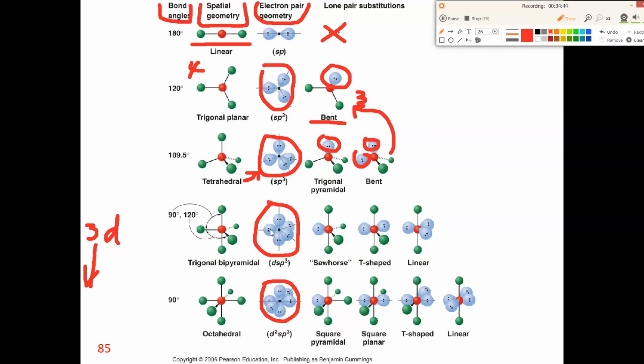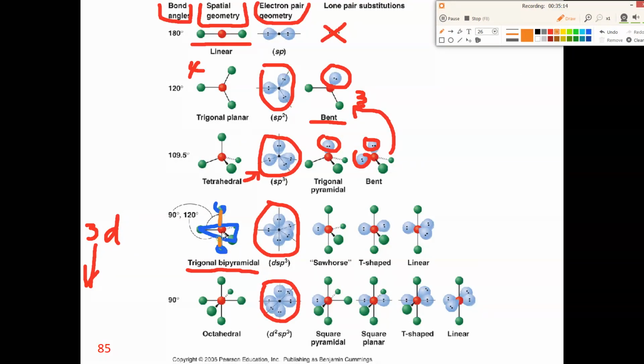So if we have an expanded octet, 10 electrons on the central atom, if there are 5 terminal atoms, 5 bonds, it's going to take a trigonal bipyramidal shape. On the central atom, 3 terminal atoms form a plane, and one is on top and one on the bottom, and those two are perpendicular.